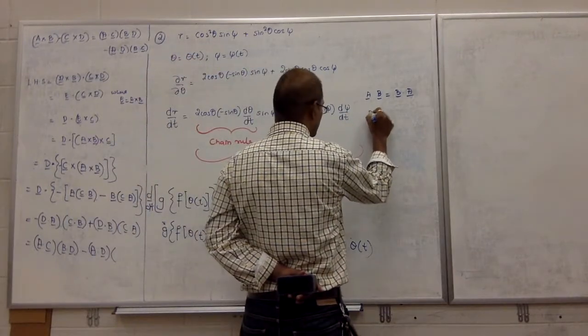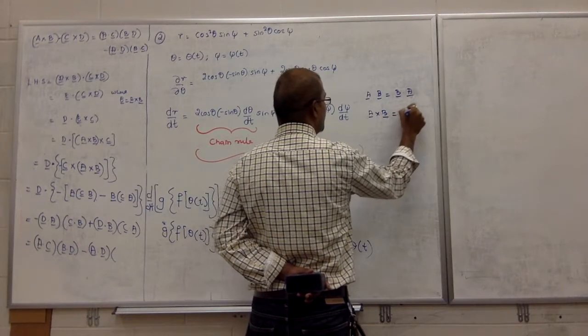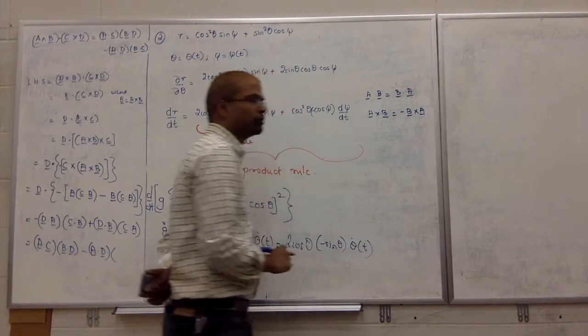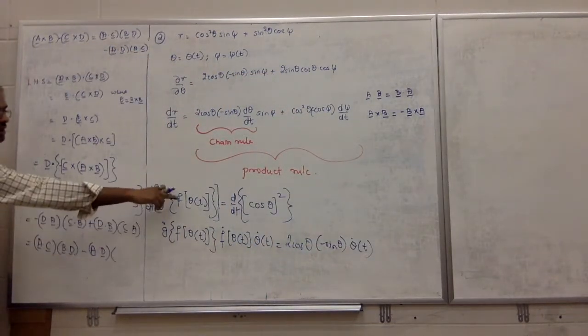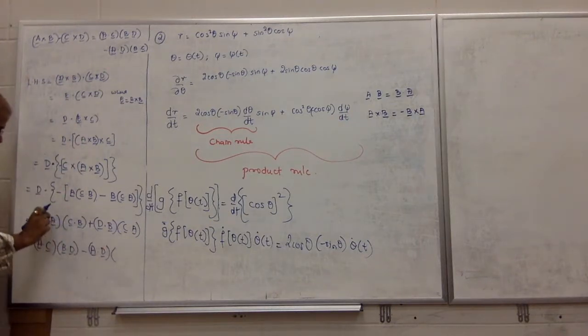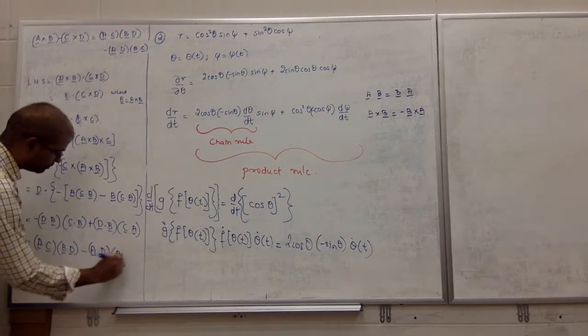A cross B is equal to minus B cross A. So if I switch this, I don't have to change the sign. Okay, A dot D into B dot C.